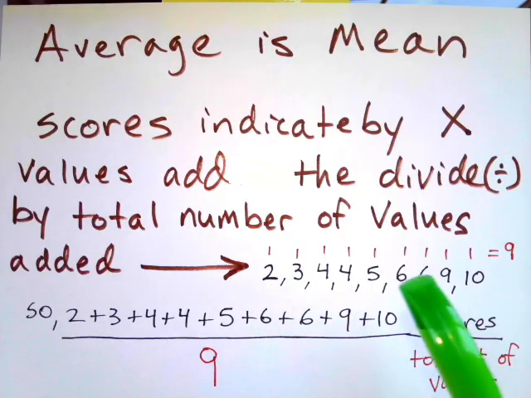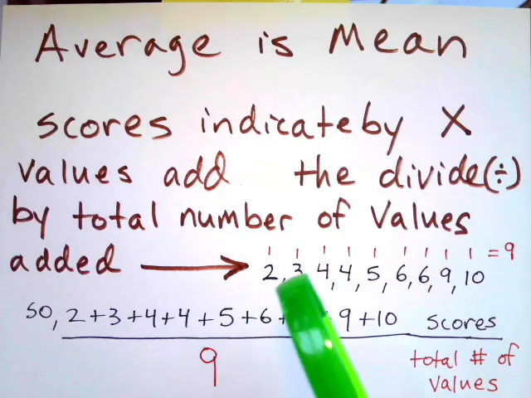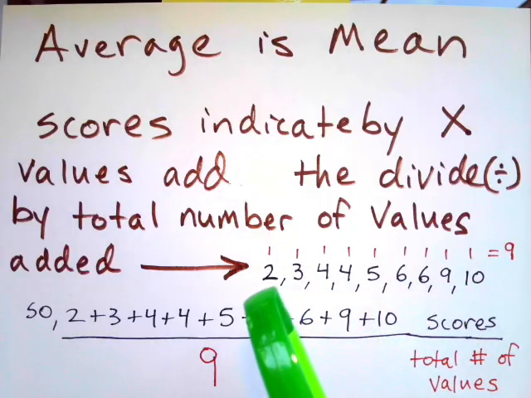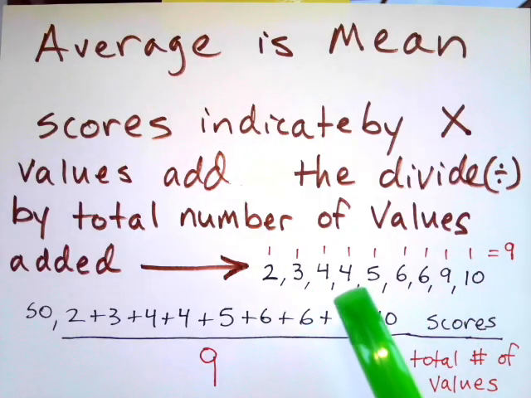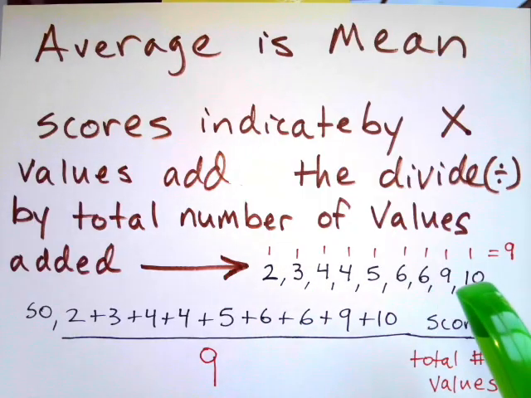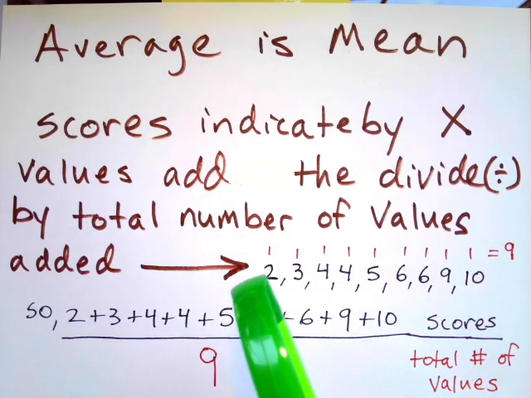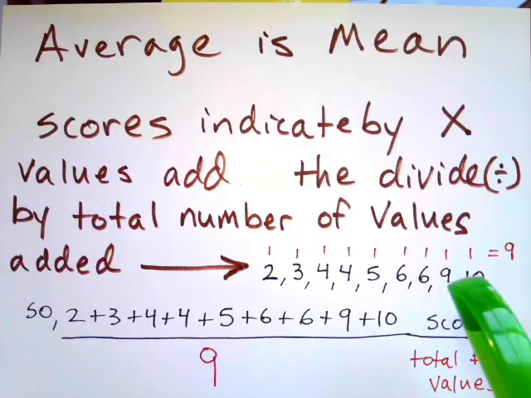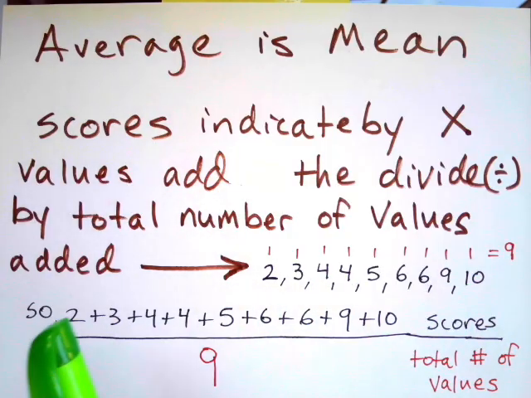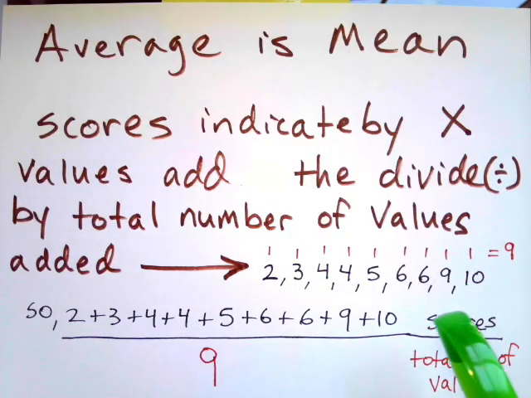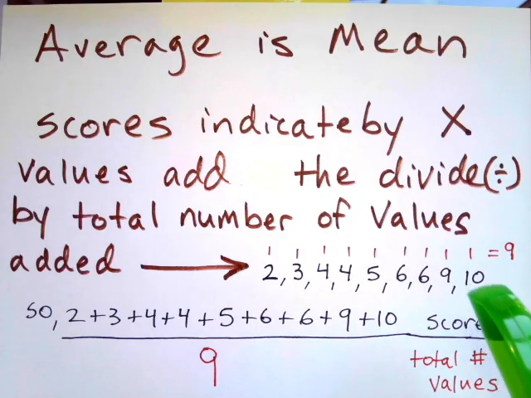So these are all the values, scores on that line plot: 2, 3, 4, 4, 5, 6, 6, 9, and 10. And how many of these scores are there? Well, I want to add up all of the scores, and then I'm going to divide. That's how you find the average or the mean.